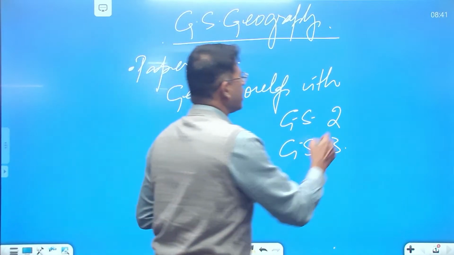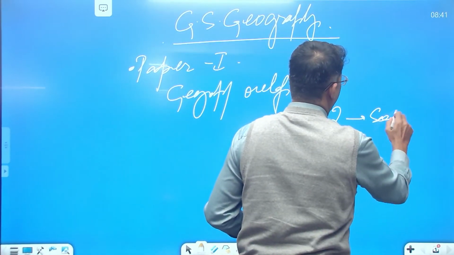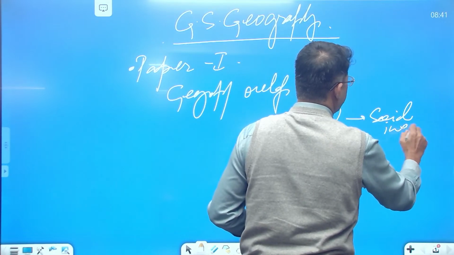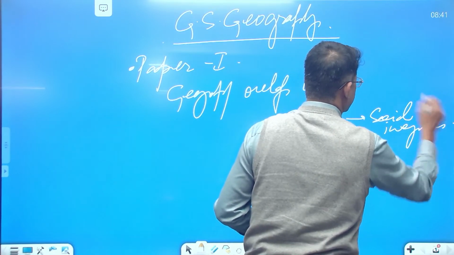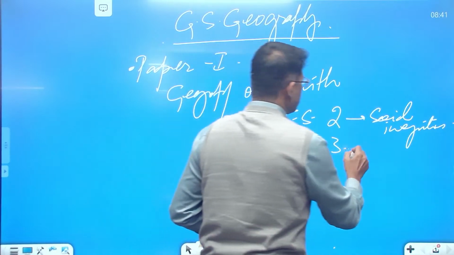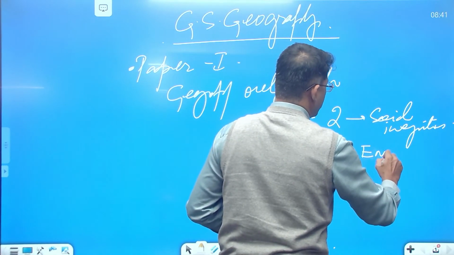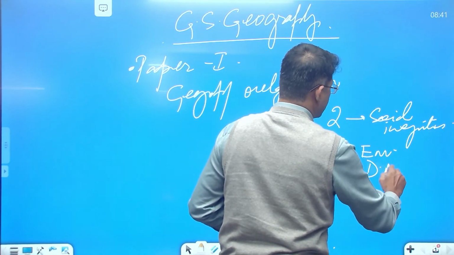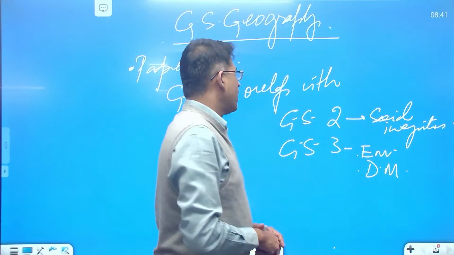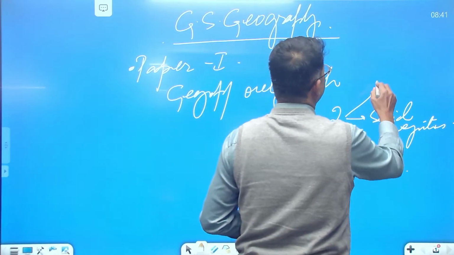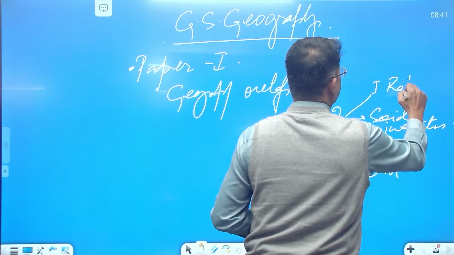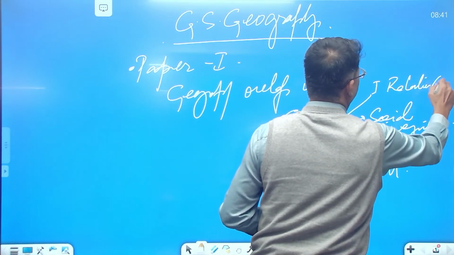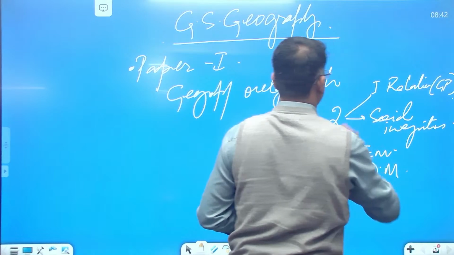GS paper 2 has topics of social inequalities and social justice, and paper 3 has environment, it has disaster management. Paper 2 also has international relations which are part of the geopolitics.